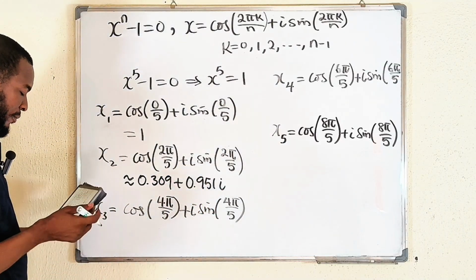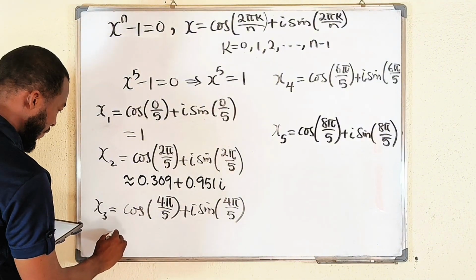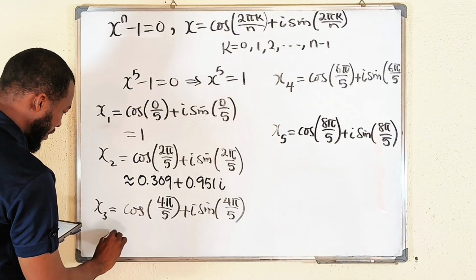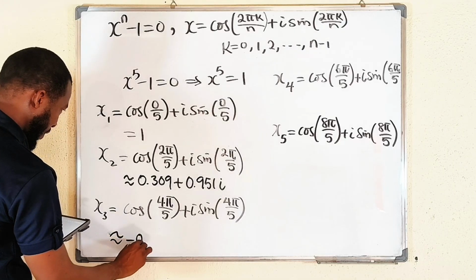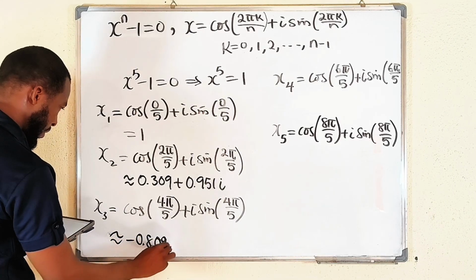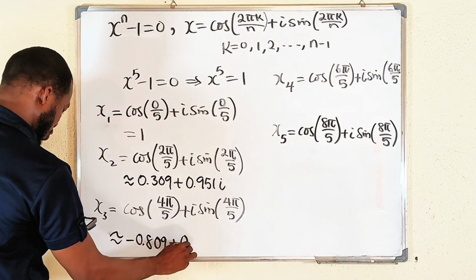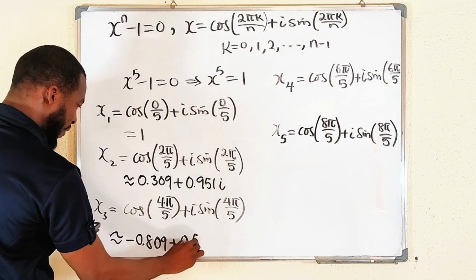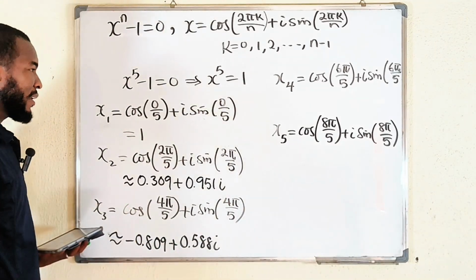Then number 3, we have approximately equal to negative 0.809 plus 0.588I. This is number 3.